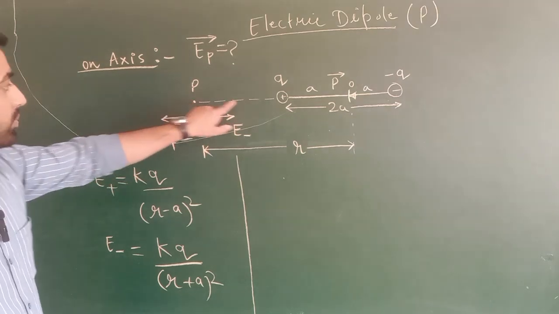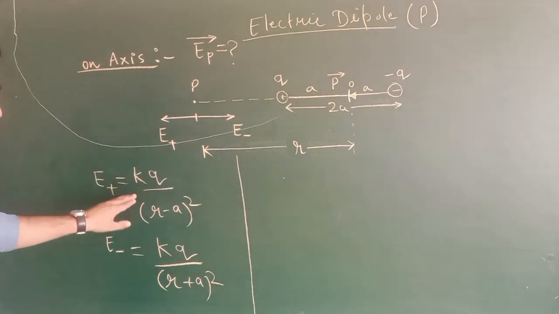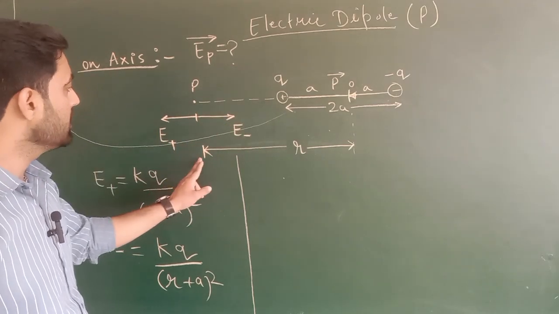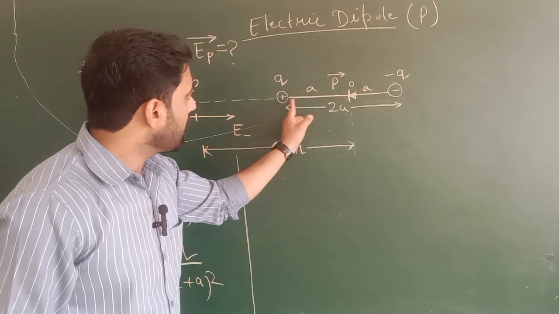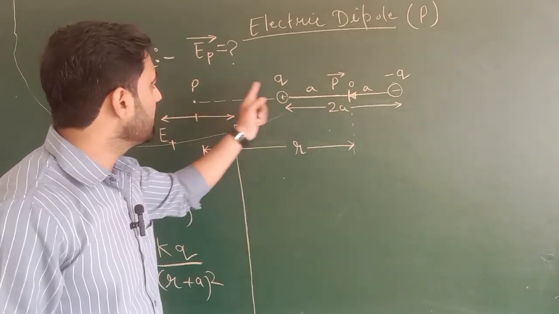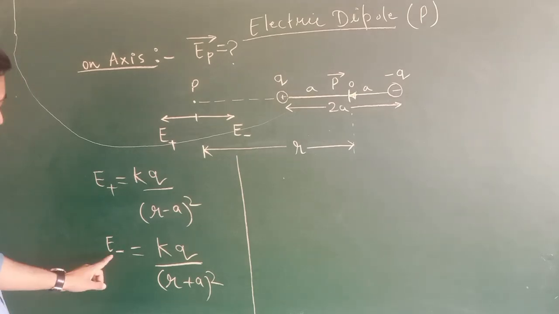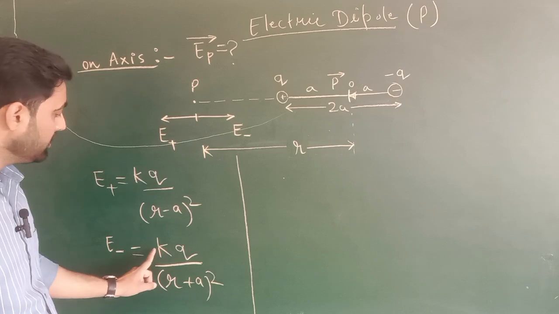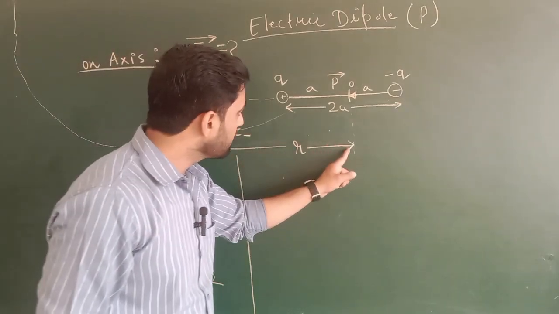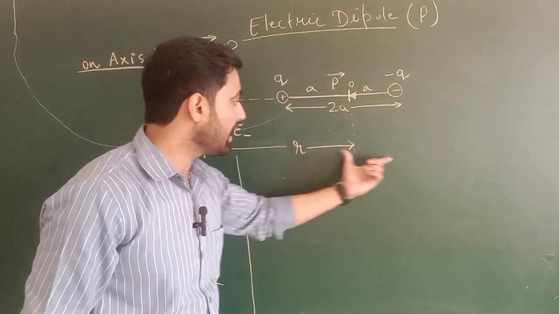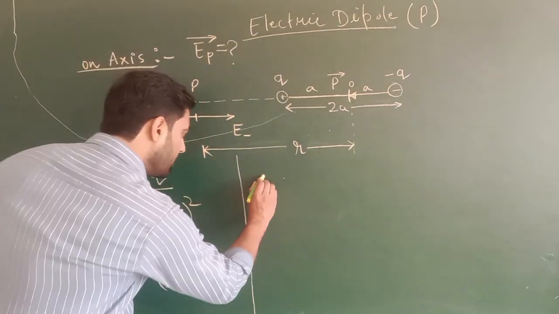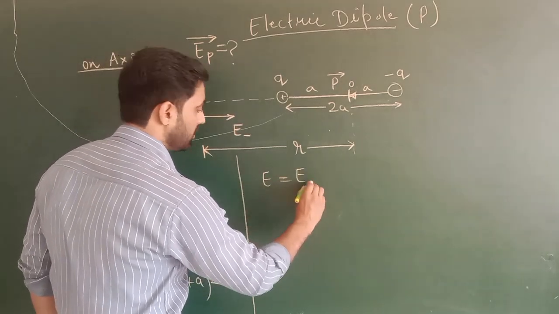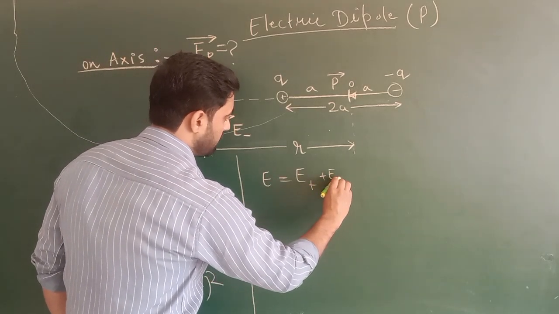Electric field at point P due to plus charge will be outward, that will be KQ divided by R minus A whole square, because the distance between the charge and point P is R minus A. And electric field due to negative charge at point P will be E minus, that will be KQ divided by R plus A whole square, as the complete distance will be R plus A. Net electric field that I am writing as E will be the sum of E plus and E minus.